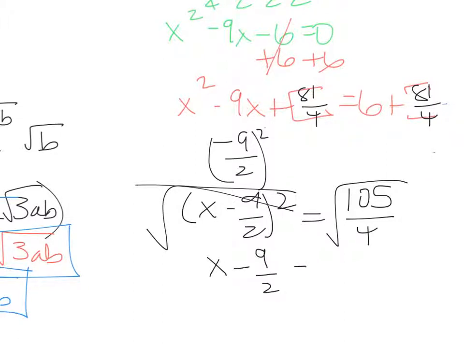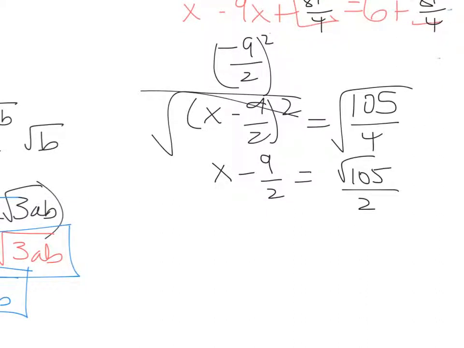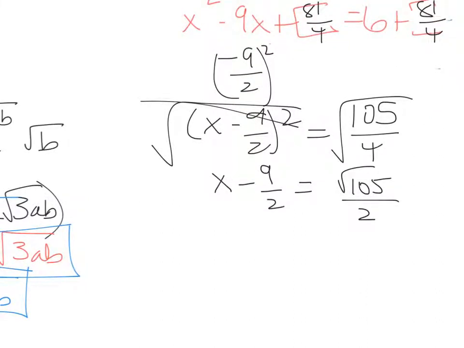Now over here, when I square root 105, you're going to leave it like that, but what's the square root of 4? It's 2. So now this is what you have. Now you're going to add the 9 halves to the other side.